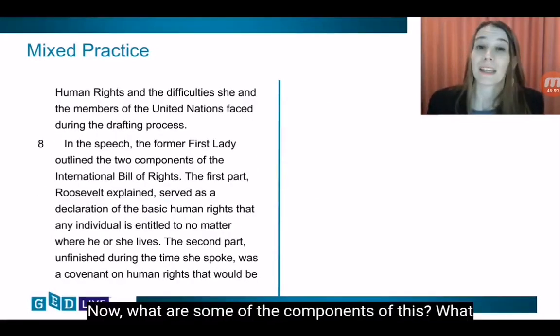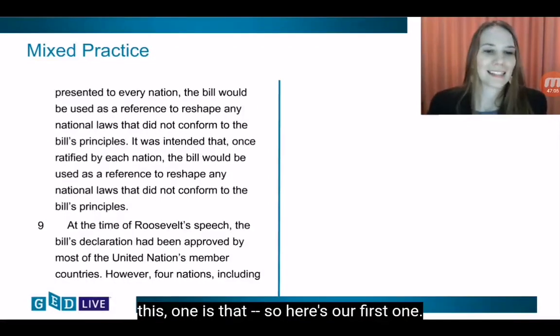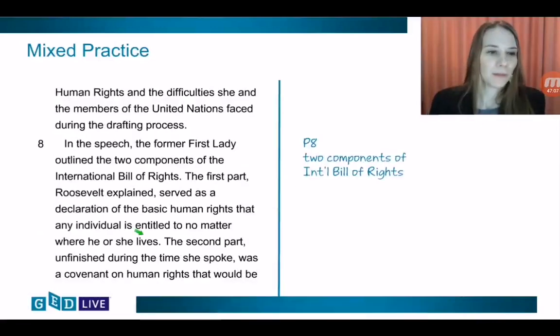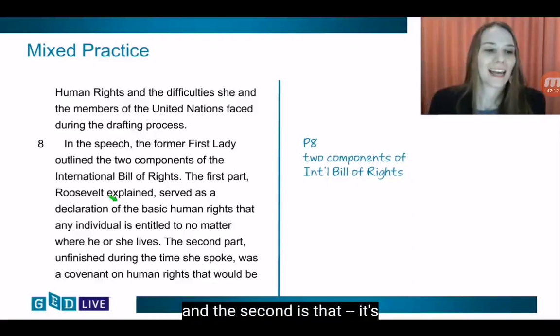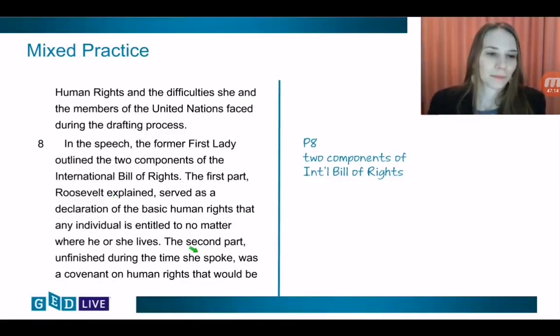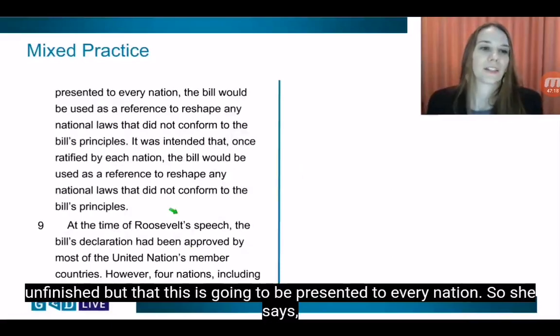Okay, so we know that Eleanor Roosevelt claims that preservation of human freedom is important. Now, what are some of the components of this? What is the evidence? And she says there are two components. Here's our first one: basic rights are given to any individual. And the second is that it's unfinished, but that this is going to be presented to every nation.